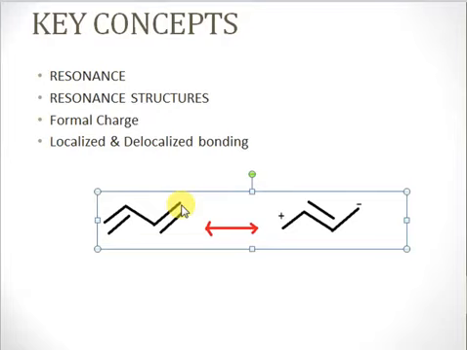When we carry out experimental measurements of the bond length, it appears that the double bond is not only between 1, 2 and 3, 4; there's also a double bond character between 2 and 3. Why? Because the bond lengths of the double bonds are justifiable as double bond lengths, but this single bond has a bond length which is also equal to these bond lengths.